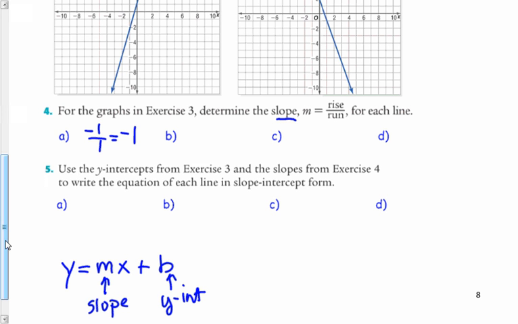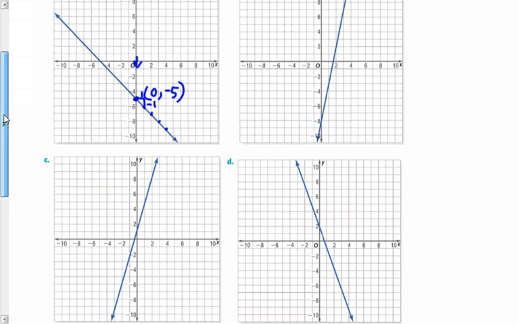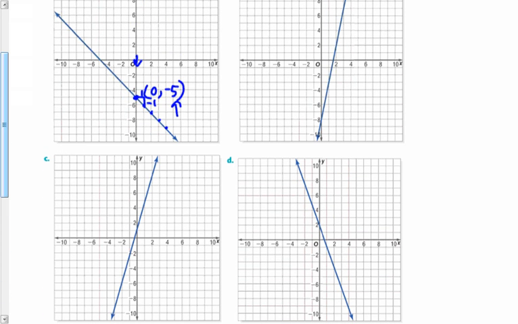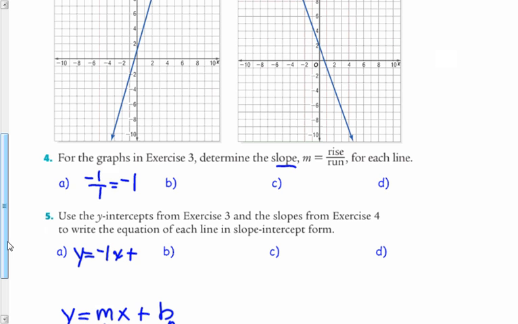So my equation for A is going to be -1x plus, and my y-intercept was -5, so plus -5. Now I can simplify that a little. When I multiply -1 times x, that's the same as -x, and adding -5 is the same as subtracting 5. That looks a little better there.